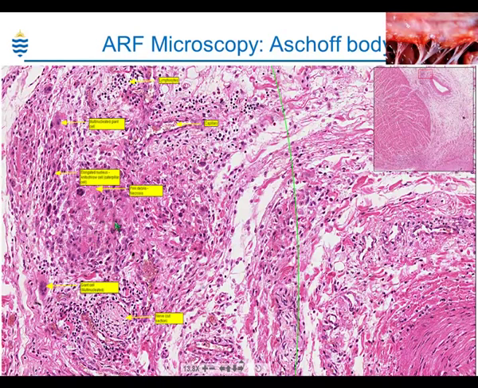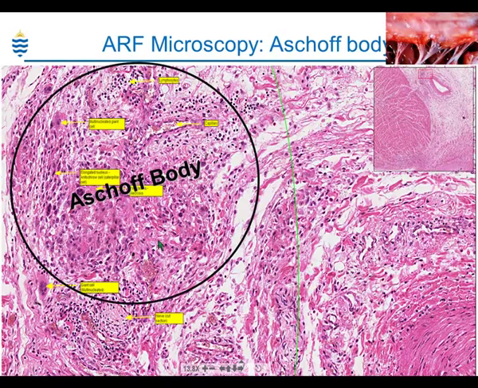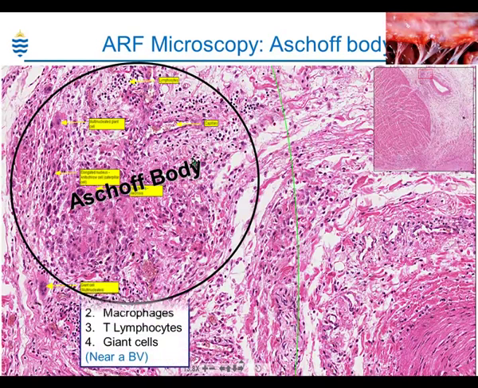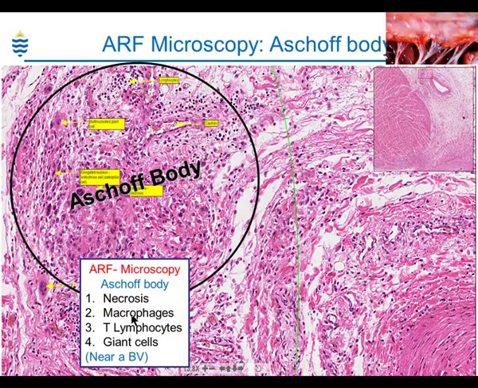So those Aschoff giant cells, Aschoff body, okay, the Aschoff body is the whole area of inflammation. Necrosis, macrophages, T lymphocytes and giant cells near a blood vessel. That is the summary there.